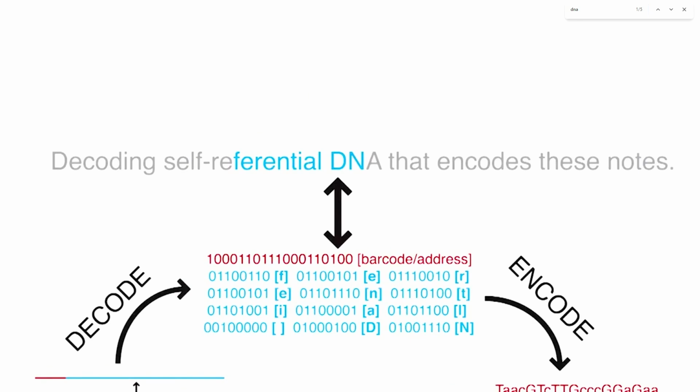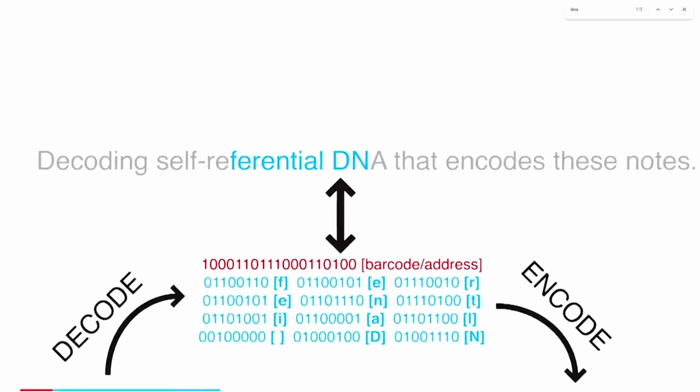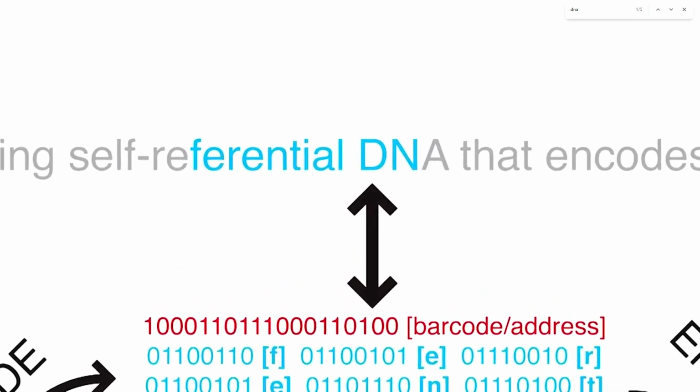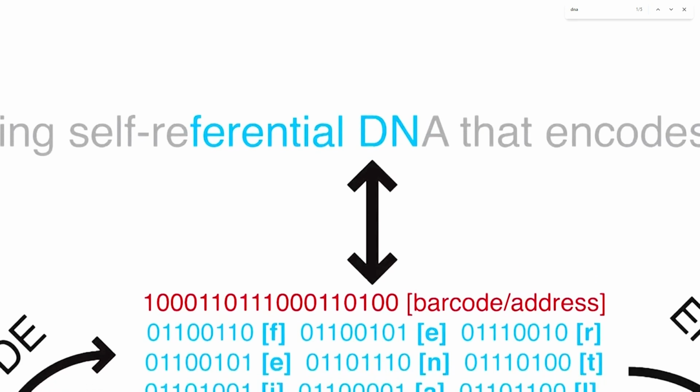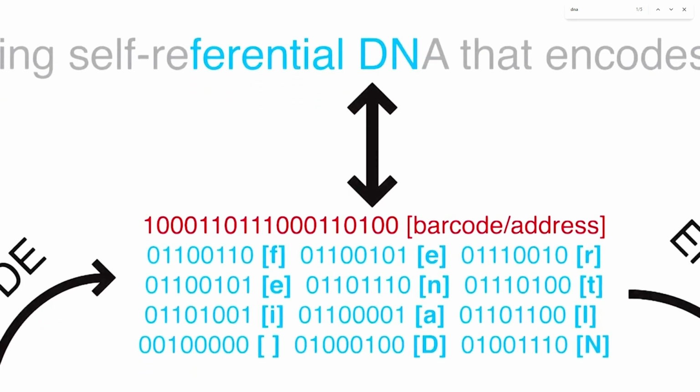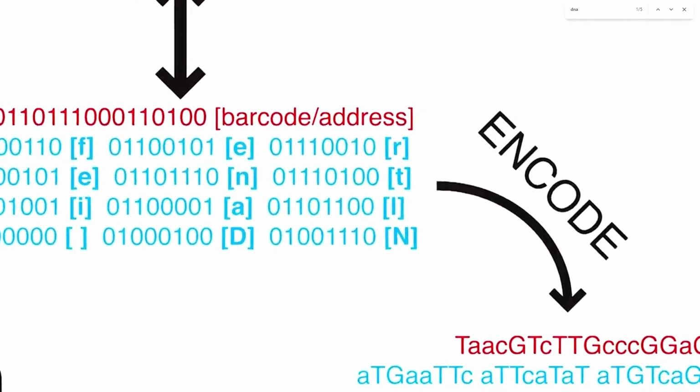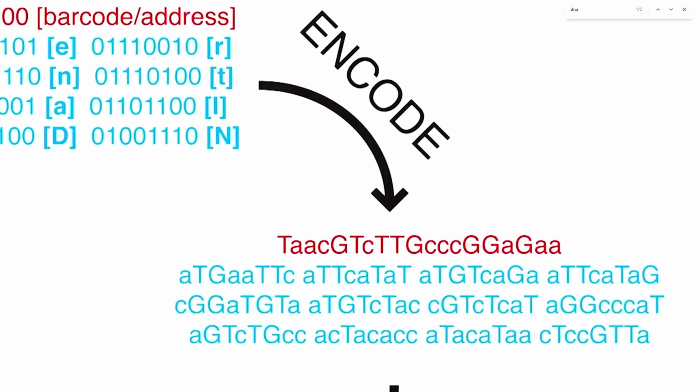And we're able to just show how we take, in this particular case, starting with the F in referential and ending in the N in DNA, take it to individual bits, which correspond to ASCII codes and a barcode, and then we take those ones and zeros and convert them to A, T, C, and G, or DNA bases, where T and G stand for 1 and A and C stand for 0.